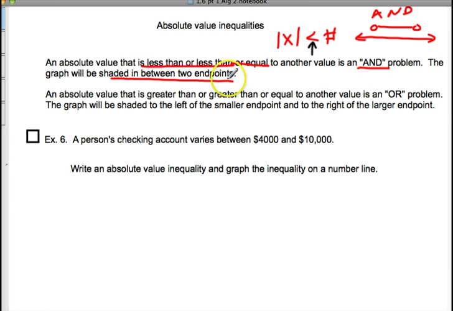Okay. Or problems, on the other hand, are when you have greater than or greater than or equal to. So you've got absolute value of something is greater than some number. You're going to have an or problem where you have two endpoints and you shade out. Remember, absolute value is distance. The distances you want are farther away from some center.